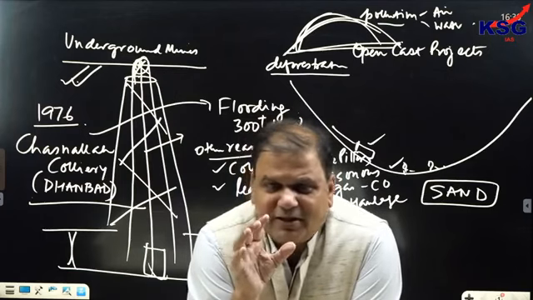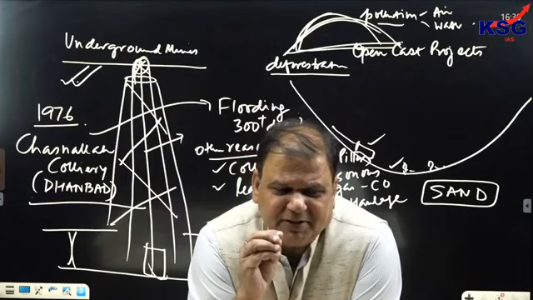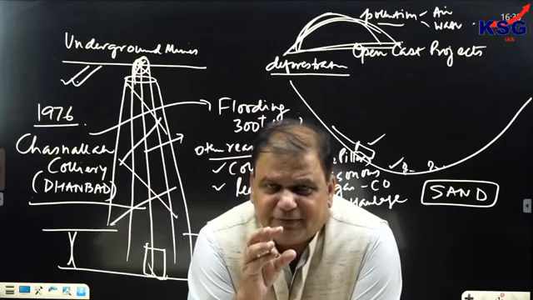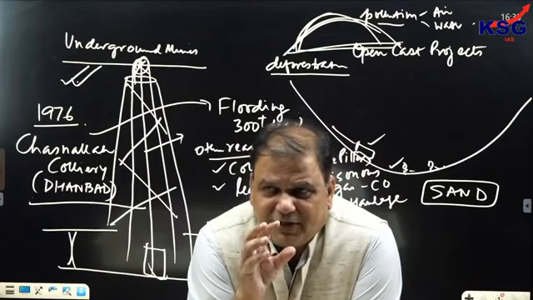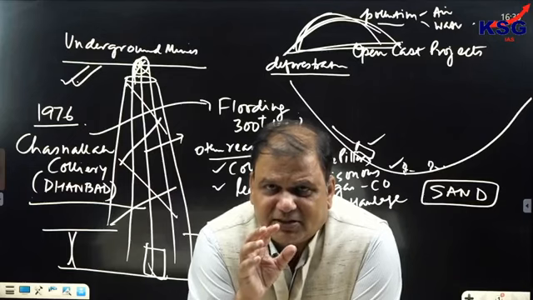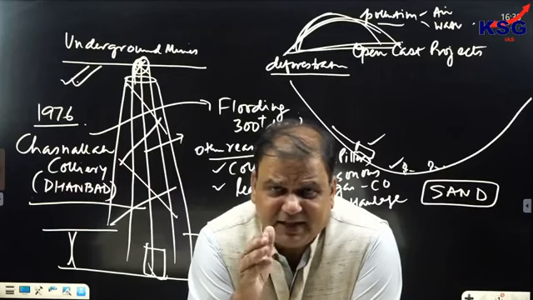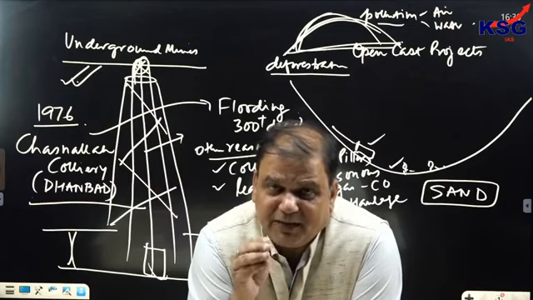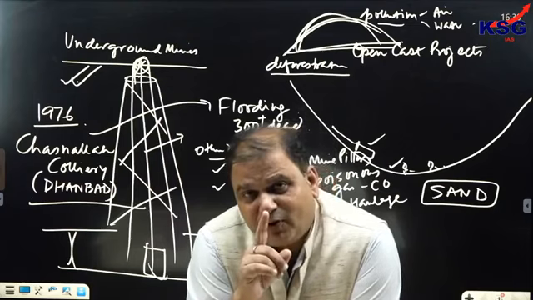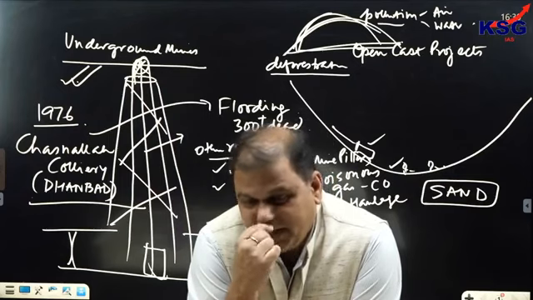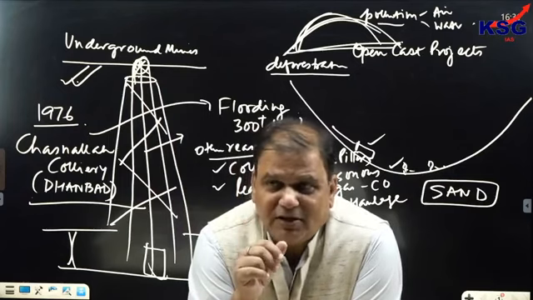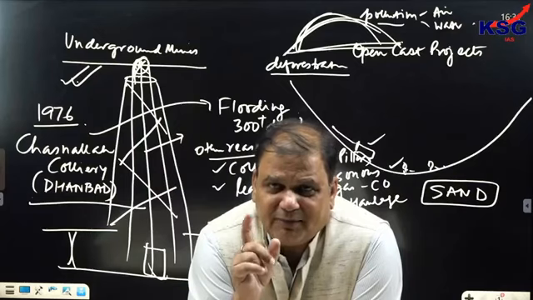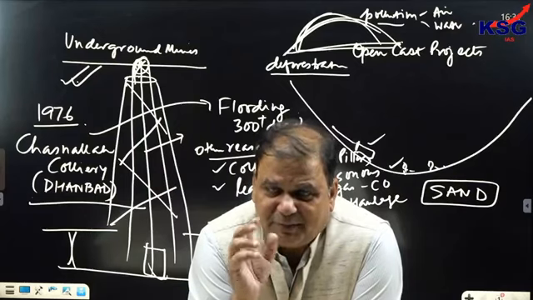Now, when there is an epidemic, it means that if the disease spreads in one area and the number of cases is more than should have been at that period of time of the year, the disease would be called an epidemic. Clear? The number of cases is more than should have been at that period of time of the year. The disease would be referred to as epidemic.